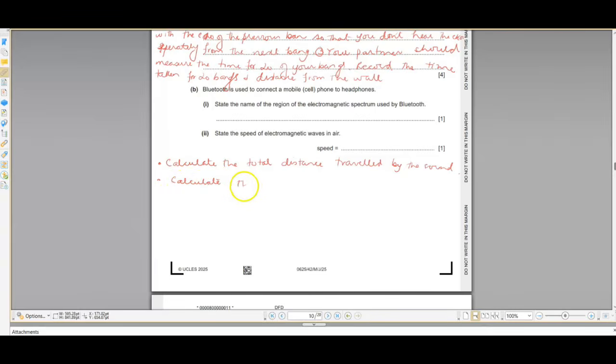Calculate the speed of sound in air using the equation speed is equal to 2 times distance traveled divided by time taken.